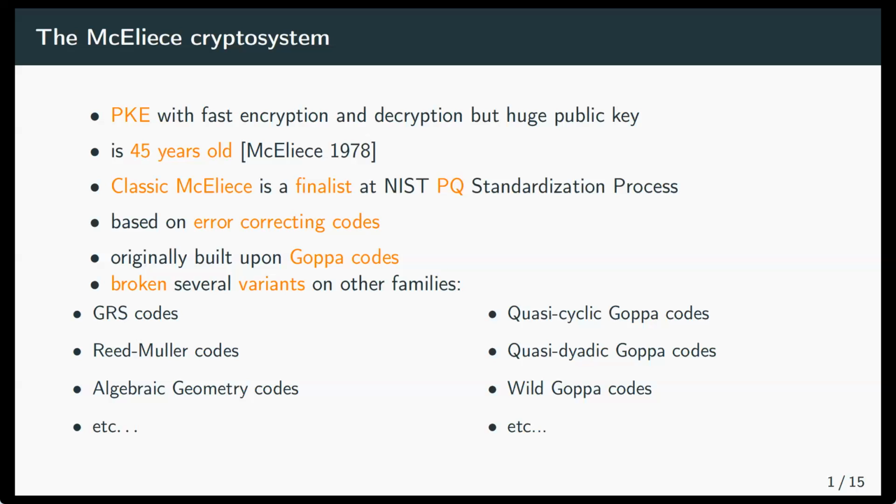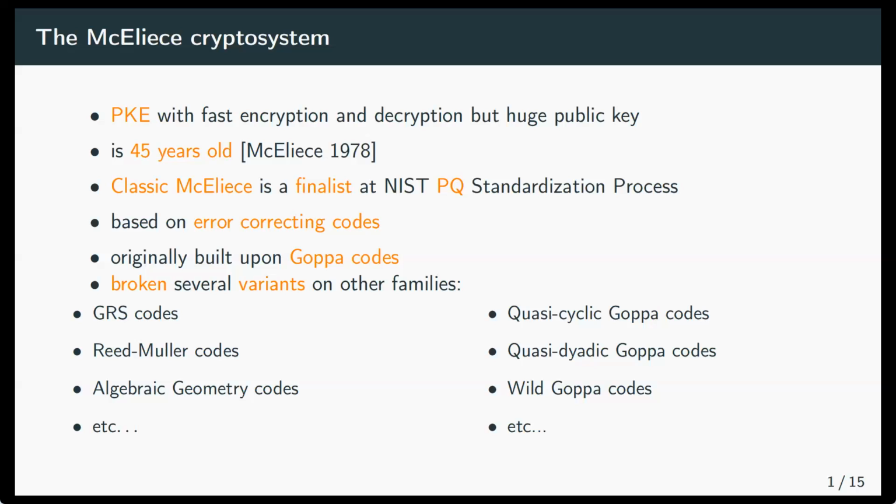So in particular, it belongs to the family of code-based cryptography, so it relies on decoding a linear code. But in order to decrypt the messages efficiently, one needs to choose a code from a specific family that has an efficient decoder. And both the NIST candidate and the original proposal by McEliece use Goppa codes.